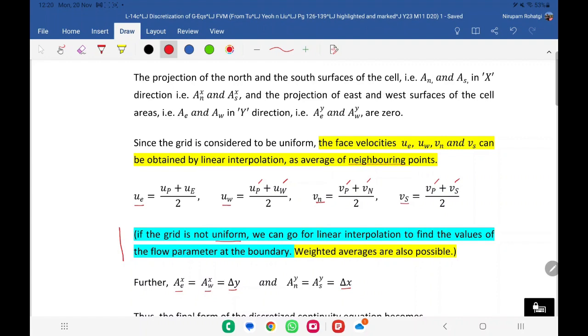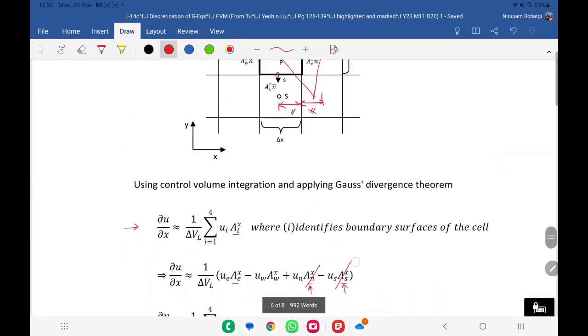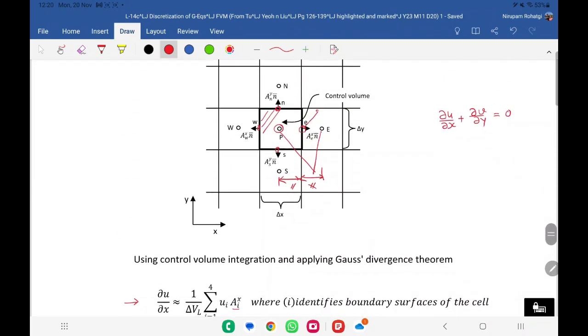The only thing is we have to find. So when we are talking about this cell, what we have done is we have found at point P the del u by del x of this equation. And del v by del y was also found at point P. For that, we have to take the help of these 4 points, right?